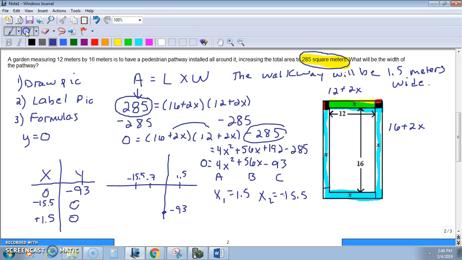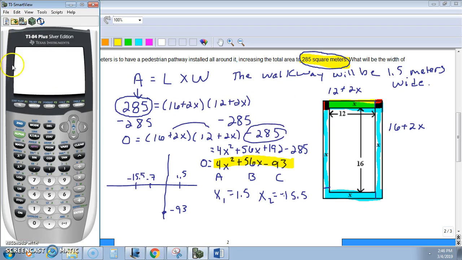Okay, and I want to remember we're going to input into our equation. So let me highlight the equation I'm going to use. We're going to input into our equation right here 7 instead of x. So, and I'm just going to put it in just like this. 4 times 7 squared plus 56 times 7 minus 93. And it should be lower than 93. Oh, crap. You guys see what I did here?